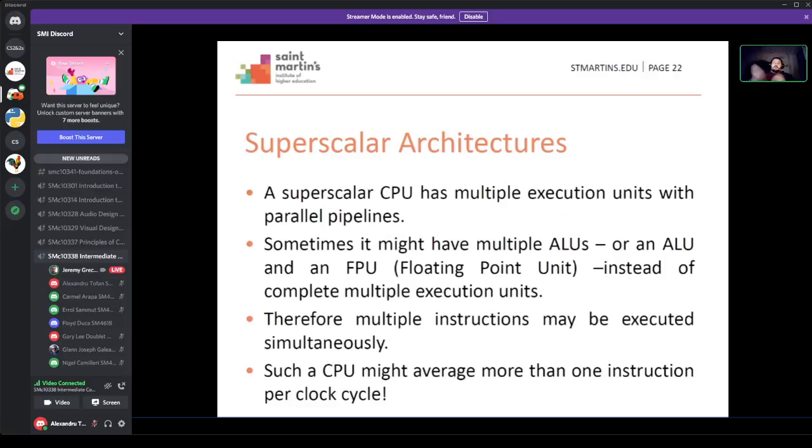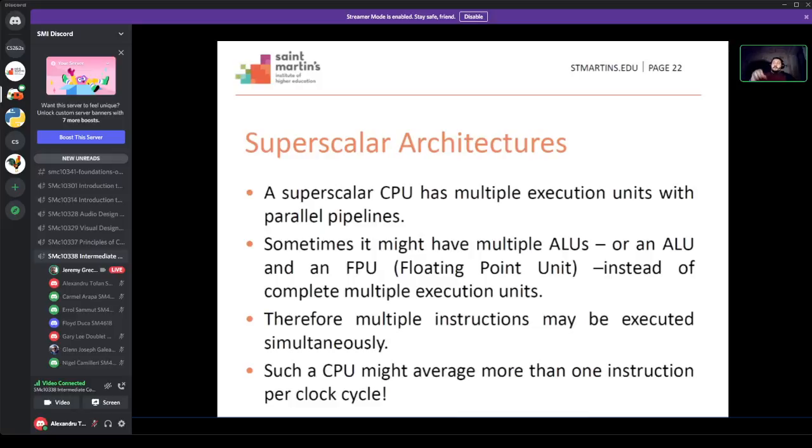Now, this might mean that these different CPUs might have multiple ALUs, or multiple floating point units, which are similar to the arithmetic logical units, which can obviously take into consideration calculations having to do with floating point values.